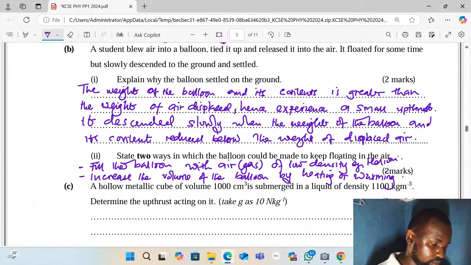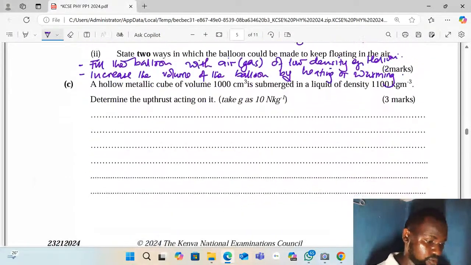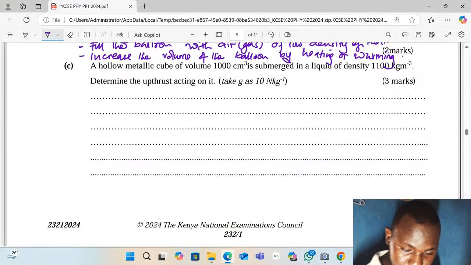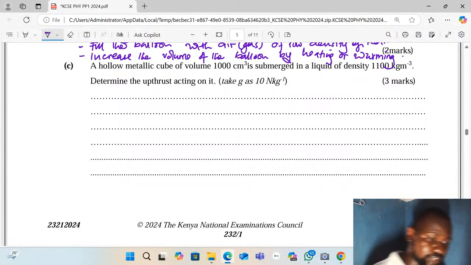A hollow metallic cube of 1,000 cubic centimeters is submerged in a liquid of density 1,100 kilograms per cubic meter.